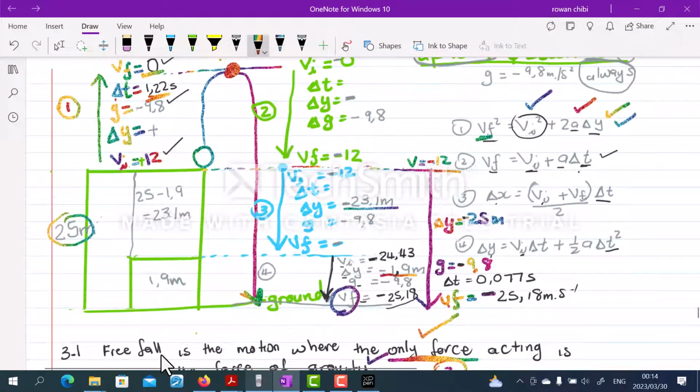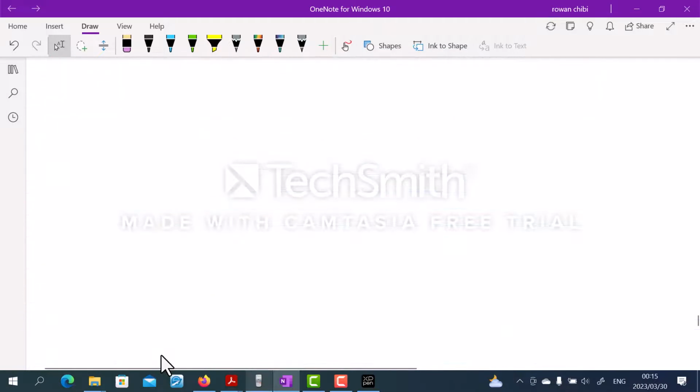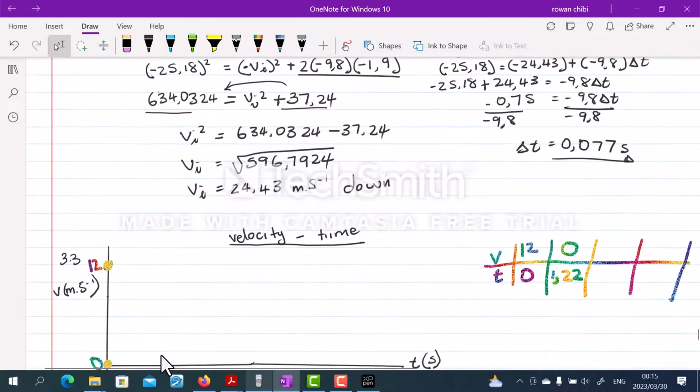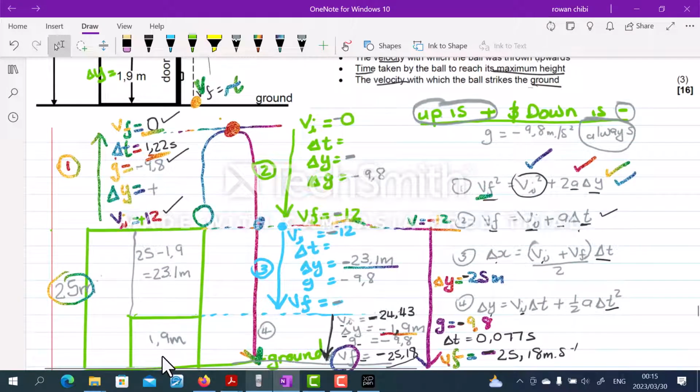Let's find the third point. The third point is when the ball is going down to this point. What is the velocity at this point? It's negative 12. So v is negative 12. But what is the time? If it takes 1,22 to go up, it's going to take 1,22 to go down.